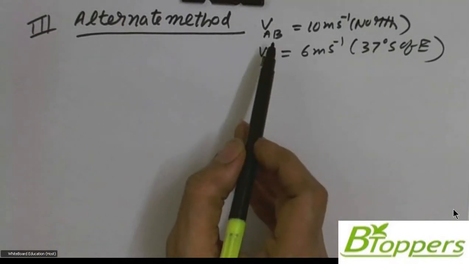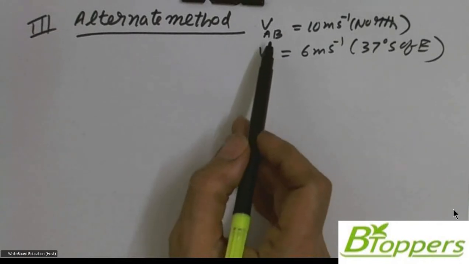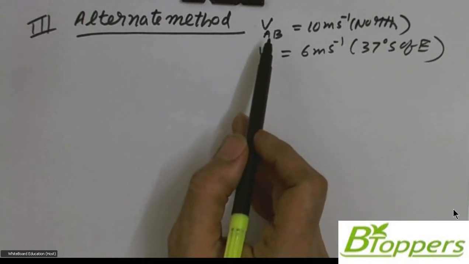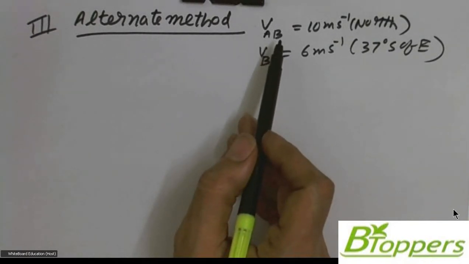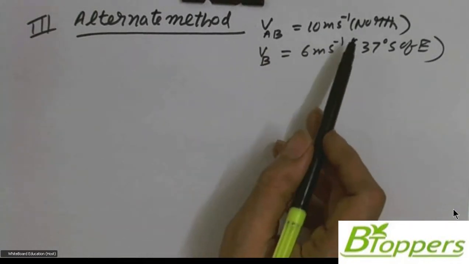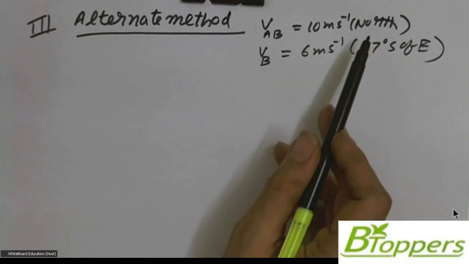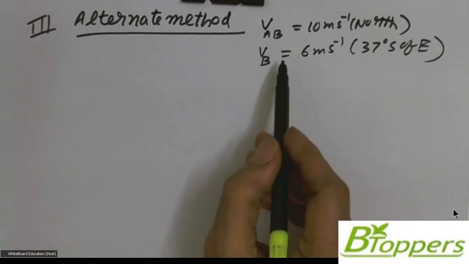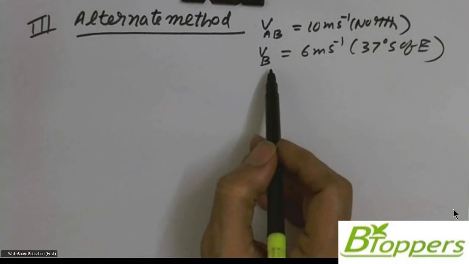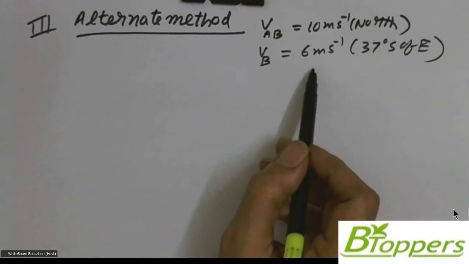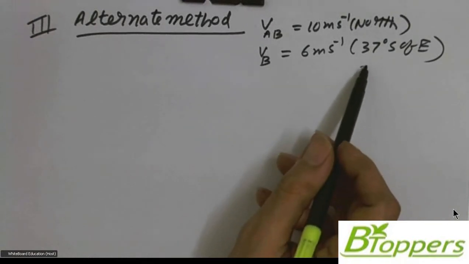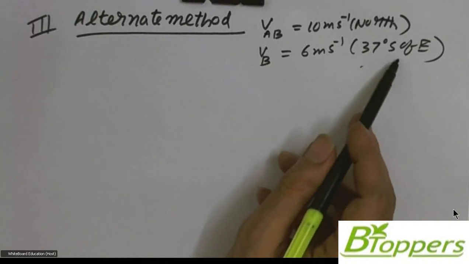You are given the relative velocity of one body A with respect to another body B as 10 meters per second towards north. And you are given the velocity of the second body B as 6 meters per second, in the direction 37 degrees south of east.